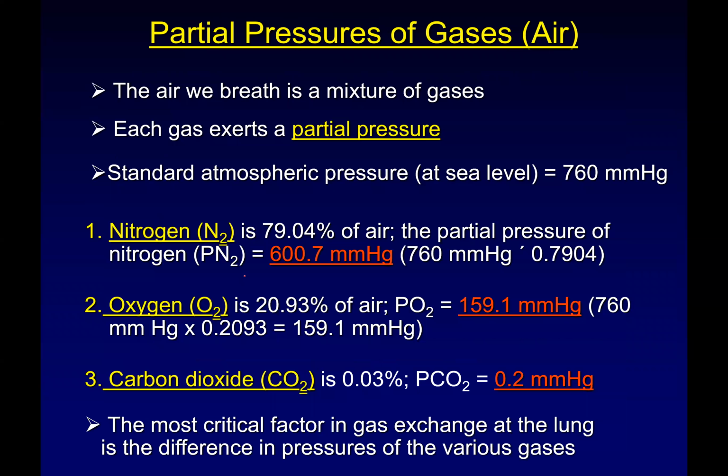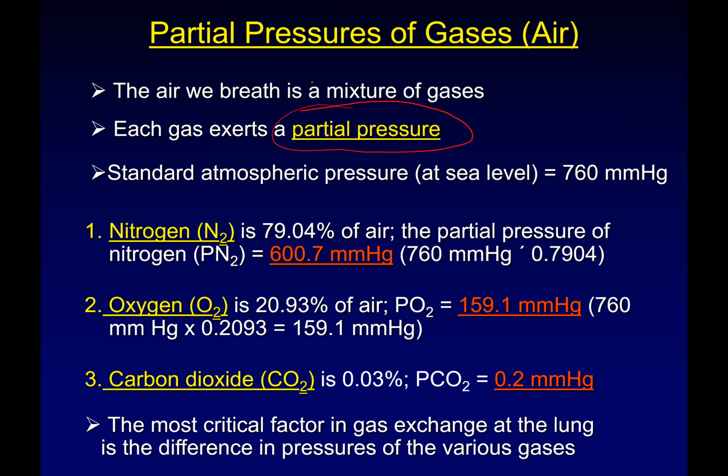Okay, so we've talked a lot about pulmonary diffusion already. The primary thing that makes the gases move is the difference in what we call a partial pressure of that gas from one side of the respiratory membrane to the other. Okay, and so the idea behind partial pressures is going to take us back to chemistry.